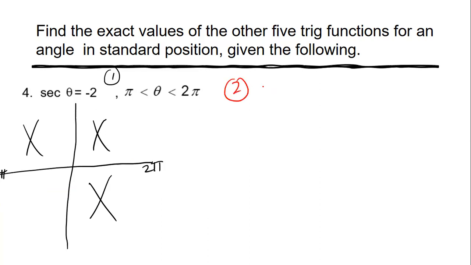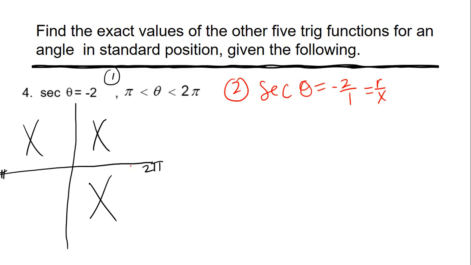Step 2 is to figure out what we are missing. Secant theta equals negative 2 over 1. What is the ratio for secant? It's our r over our x. Why? Because cosecant is y; secant is r over x.